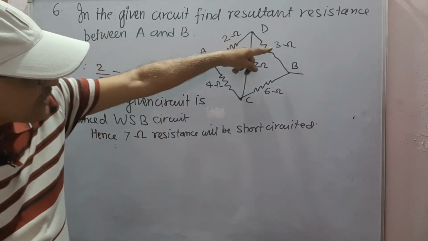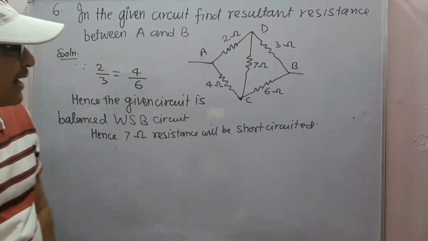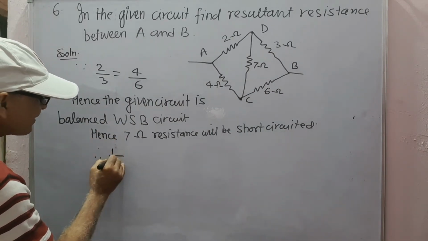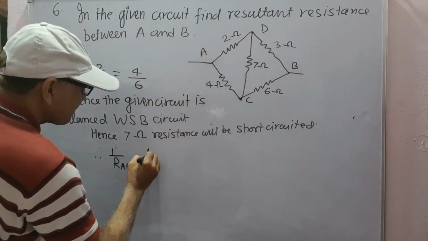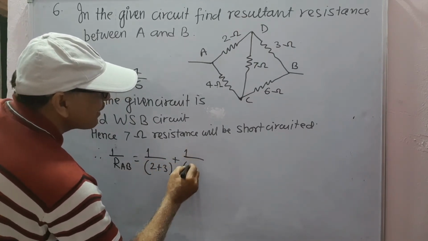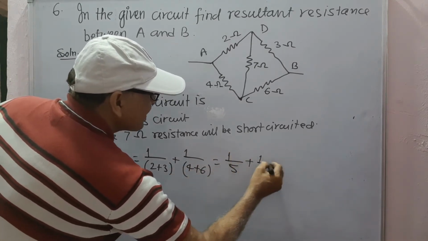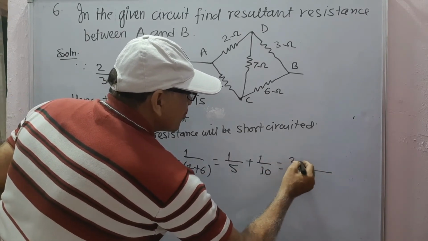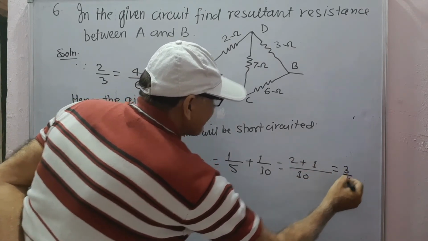So, 2 ohm plus 3 ohm of the upper branch and 4 ohm plus 6 ohm of the lower branch will be in parallel, and 1 upon RAB will be equal to 1 upon 2 plus 3 plus 1 upon 4 plus 6, that is 1 upon 5 plus 1 upon 10, that is LCM is 10, 2 plus 1, that is 3 upon 10.